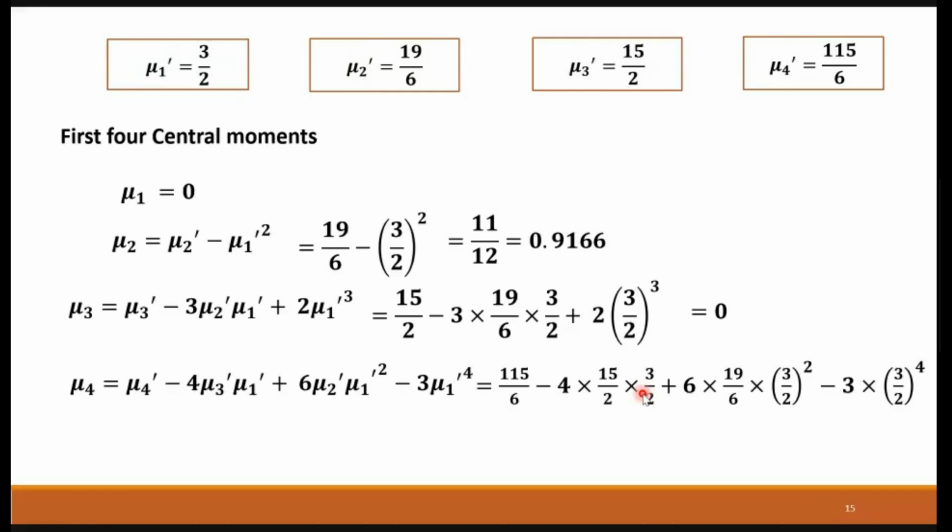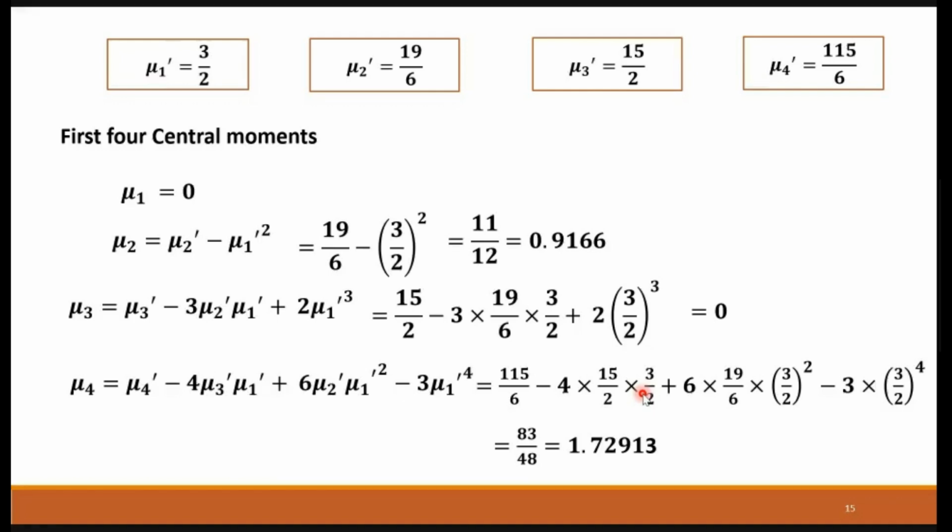Okay, let me check my answer. Correct, 83/48. Yes, right. mu4 is equal to 83/48. Yes, correct. All of you are getting the right answer.